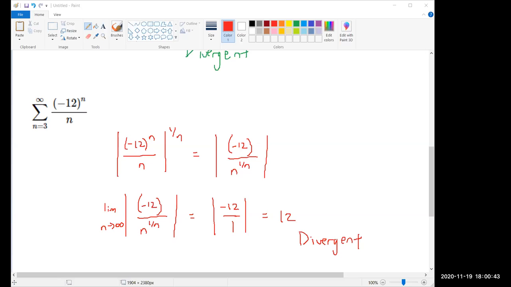You just raise this one over n, take the limit. Yeah, basically, that's all the root test wants you to do.